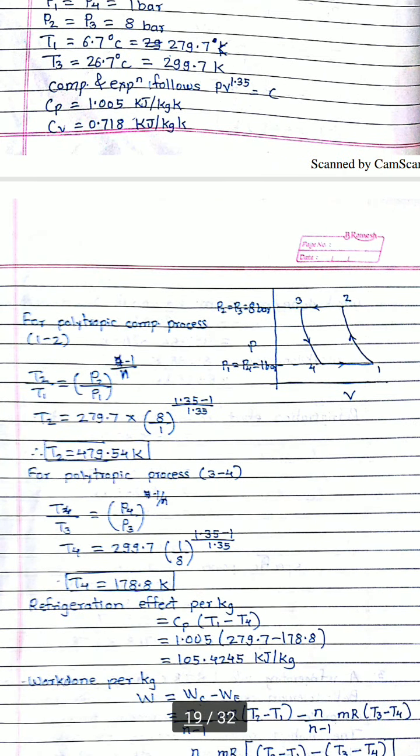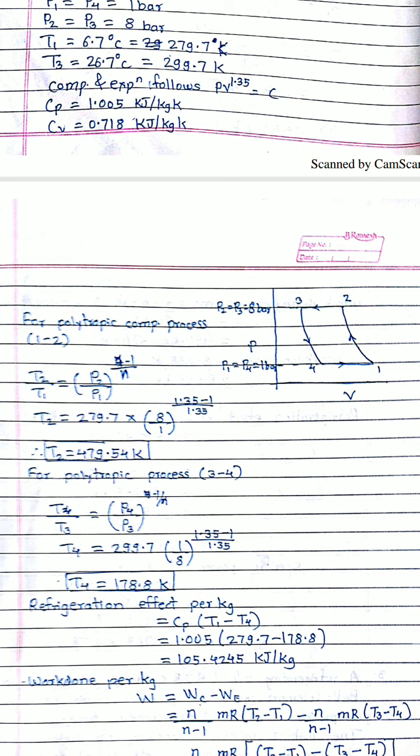Similarly, the expansion process is again a polytropic process. So for process 3 to 4, T3 by T4 is equal to P3 by P4 raised to n minus 1 upon n. So we have to calculate T4. So T4 upon T3 is equal to P4 upon P3 raised to n minus 1 upon n. So T4 is equal to, P4 is equal to P1 is equal to 1 bar, and P2 is equal to P3 is equal to 8 bar, and T3 is given 299.7 Kelvin.